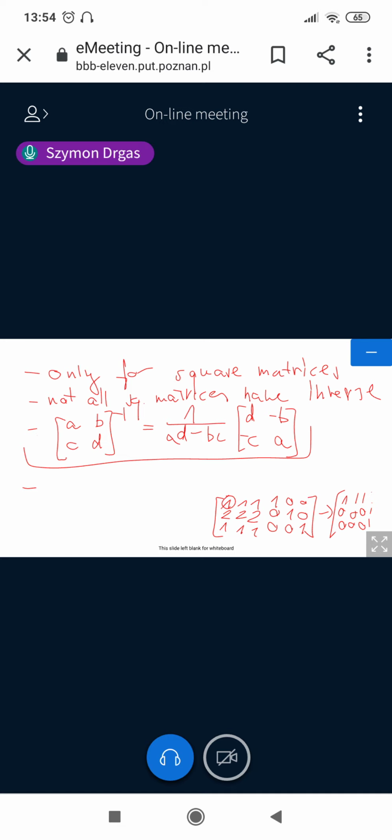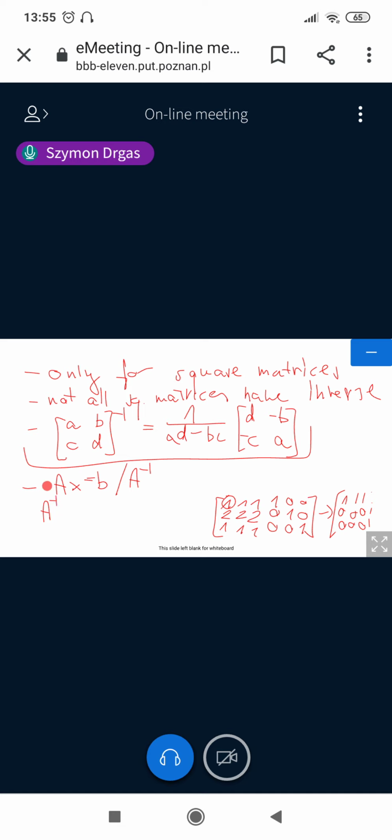And the last thing: if we have Ax equal to b, which is how we can now write systems of linear equations, you can multiply both sides by the inverse of A. But as multiplication of matrices is not commutative, you need to be careful.